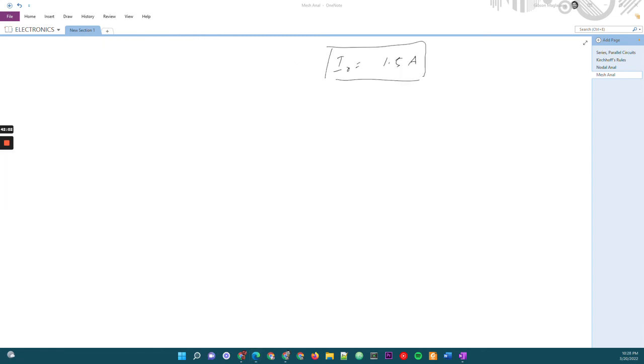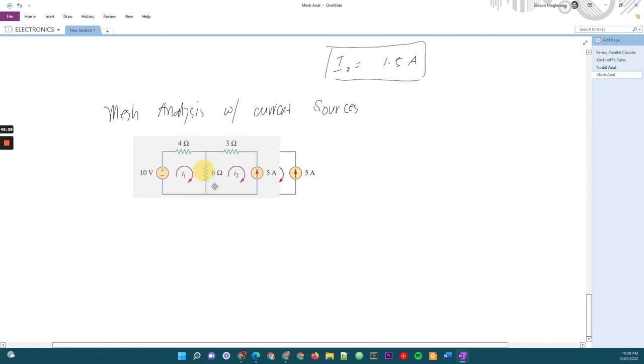Okay, let's consider. So we have mesh analysis with current sources. So consider this circuit. Okay, so we have this circuit.